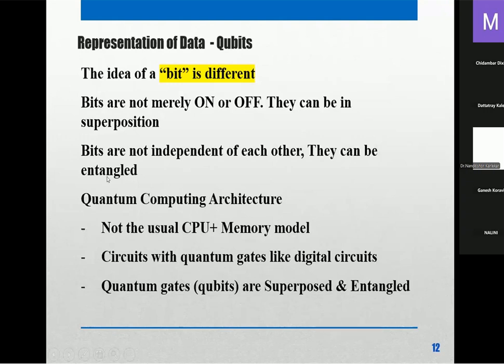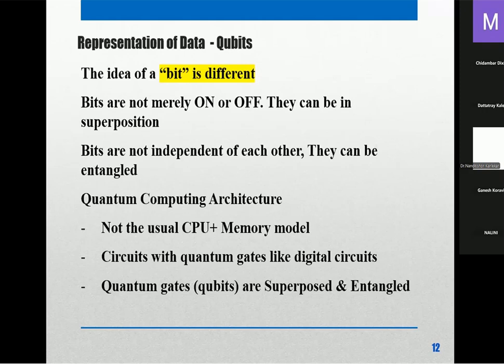Now we can come to the basic representation and basic concept of bits and qubits. The idea of a qubit is different from a bit. Bits are not merely on or off.